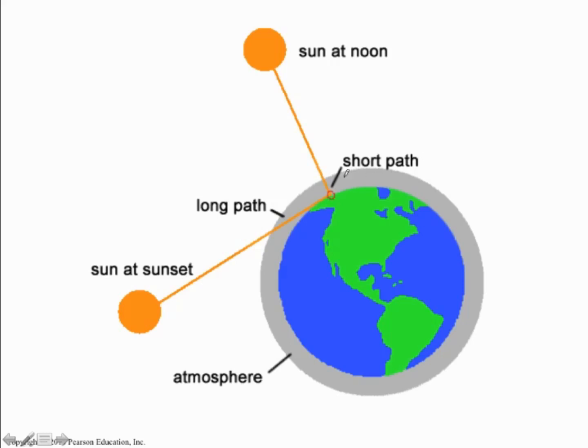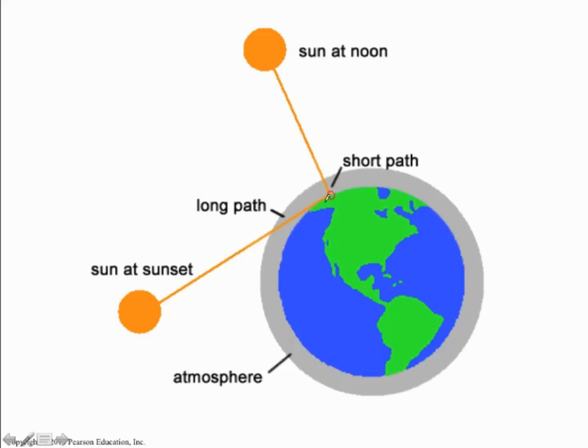Also notice that besides the fact that the path is long, that sunlight has also traveled through more of Earth's atmosphere on its way to the observer at sunset than it has on its way to the observer at noon. We can see that here. What I'm tracing right now is a pretty short path through Earth's atmosphere, and what I'm tracing right now is a fairly long path through Earth's atmosphere.